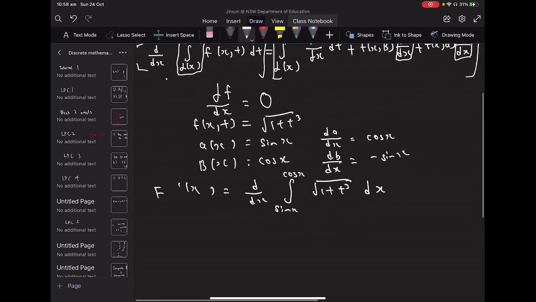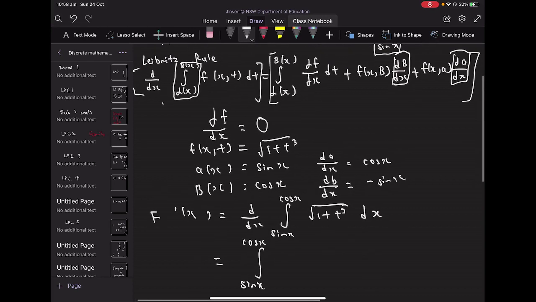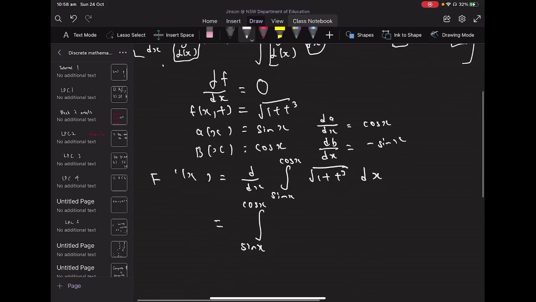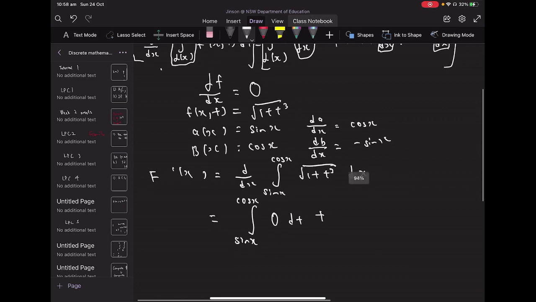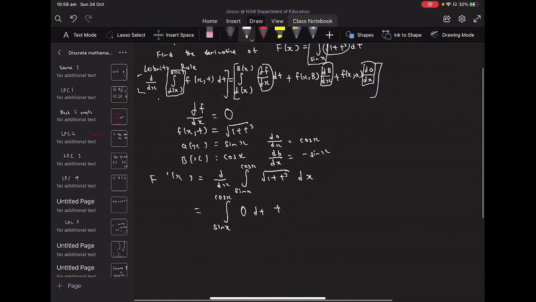We're just writing out the left hand side, and now we can equate it to the right hand side, which is the integral from sine x to cos x of the df on dx that we had, which is 0, dt, plus f of x, beta.